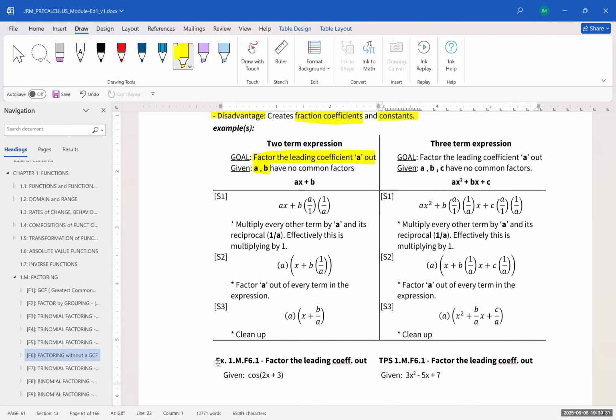Then you'll notice now this first term has a in it, and the second term now has a in it. So you can now factor out a from both terms and put it on the outside. And then what do you have left? Well, we have x in this first term. And in the second term, we now have b times 1 over a.